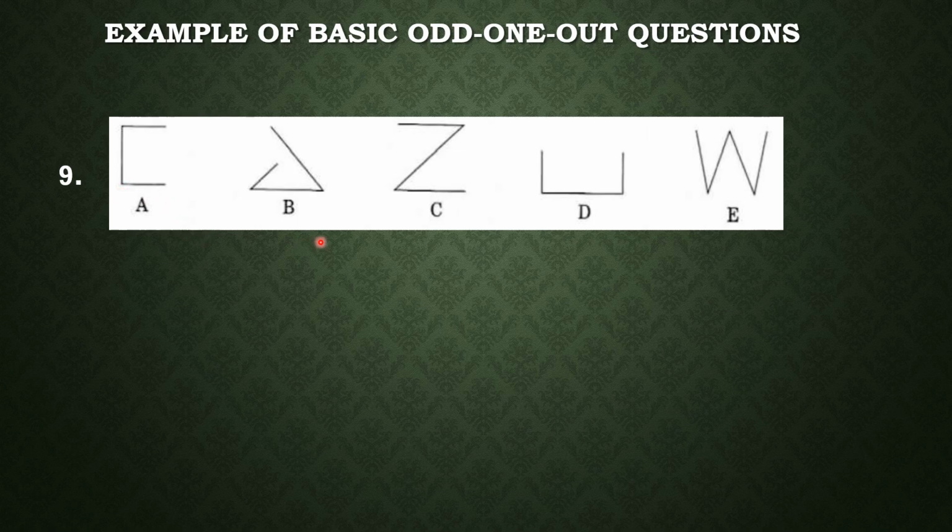Here also a similar rule, in option D also it's a similar rule. But in option E, we do see there are four lines which are making this W shape. So the clue here should be the number of connected lines, and options A, B, C and D are following that rule, but option E is not following that rule. That means that one is the odd one out.